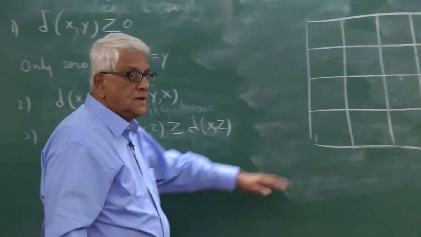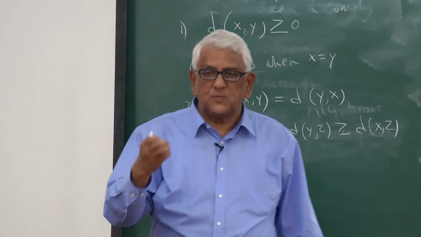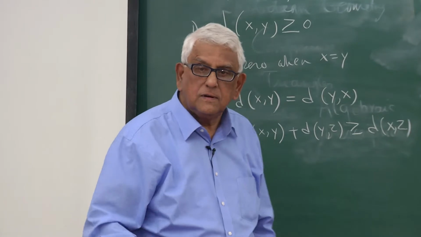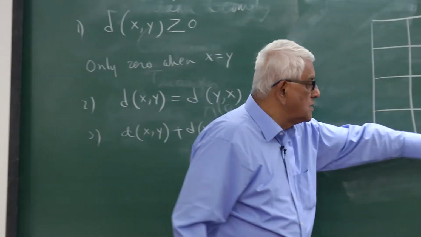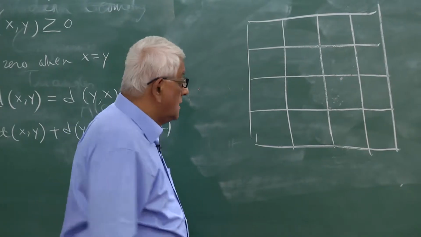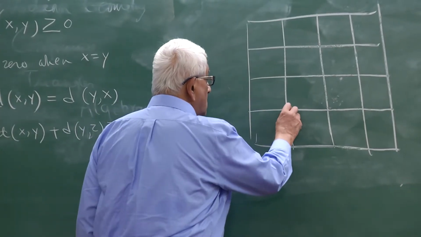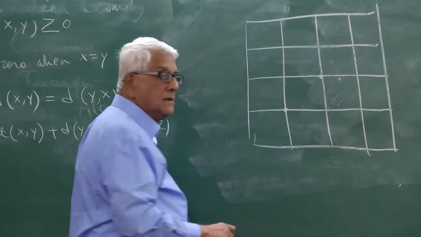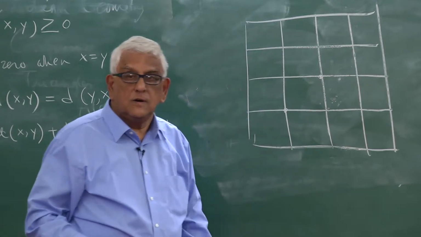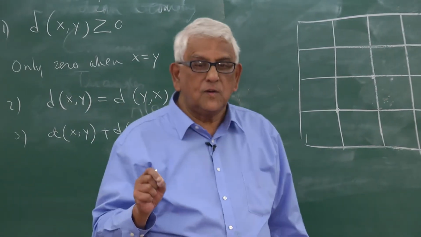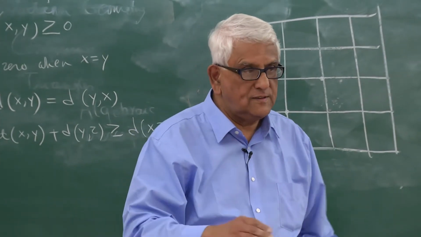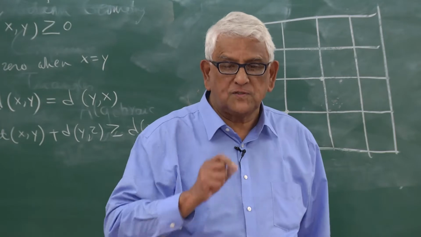So, this is a nice picture of streets. These are streets which go like this, horizontal and vertical streets. Now, if I want to go from here to there, I cannot travel like this, there is no road. So, my distance could be, if I take a taxi, a taxi fare, and the taxi fare depends on how much distance I travel.